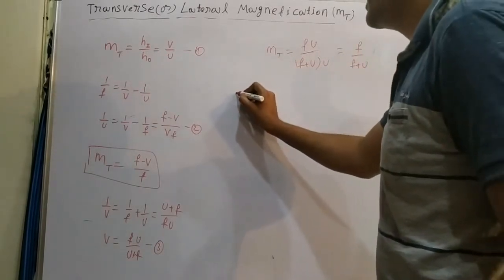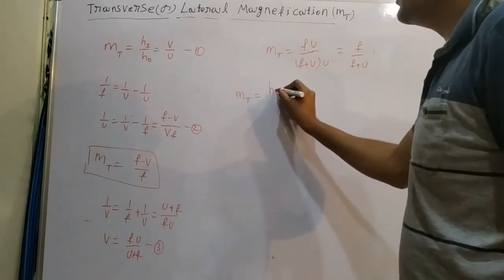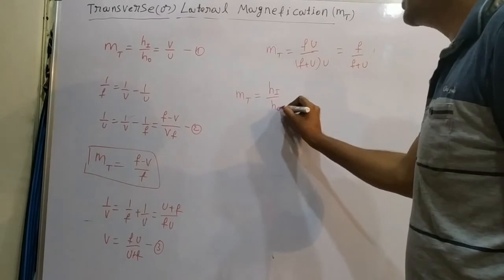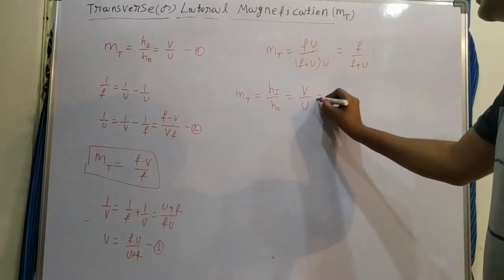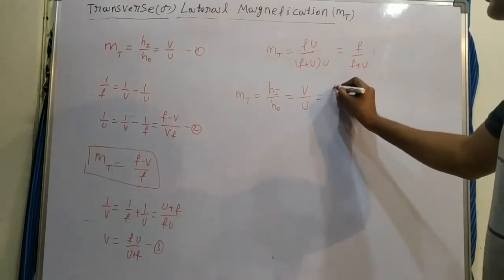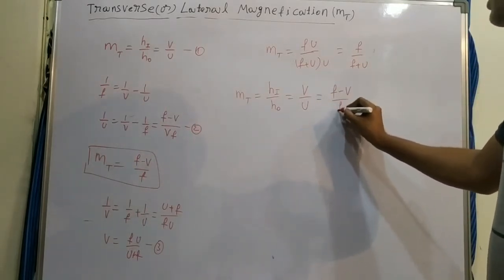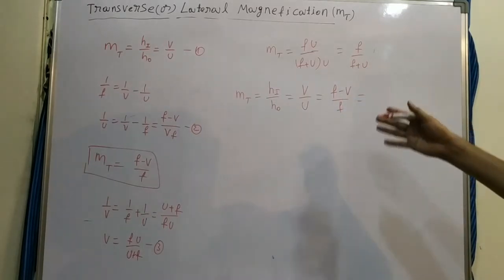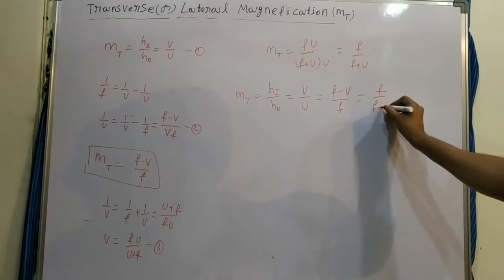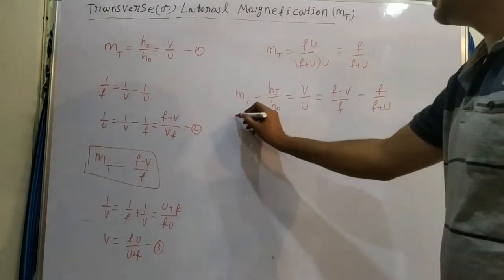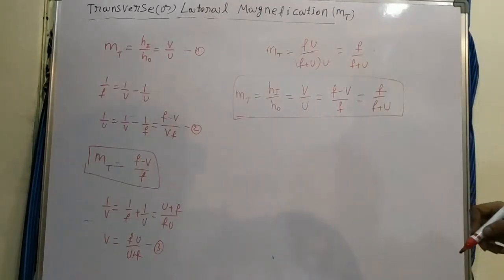So in total, M transverse is equal to height of the image by height of the object, which is equal to image distance by object distance. Otherwise, in terms of f and v, v by f, and in terms of object distance, if you want, f by f plus u we can write. This is how you write a transverse magnification or a lateral magnification.